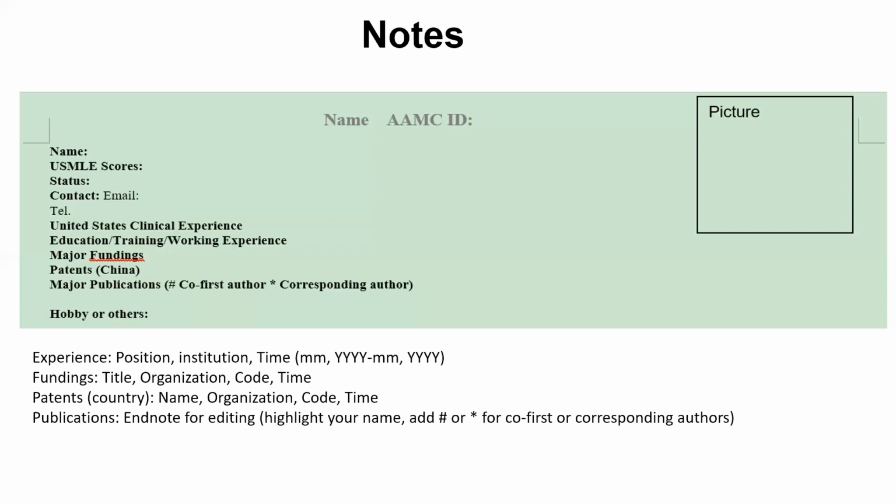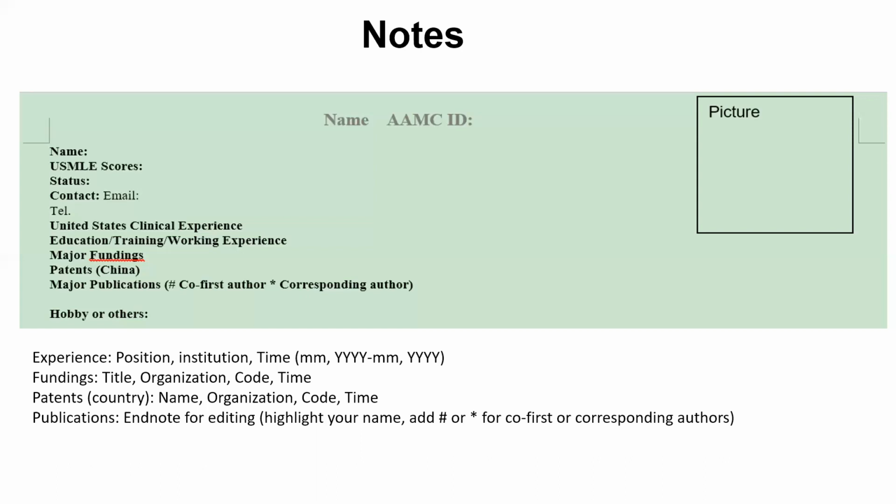The USCE is also very important, so I mention it here. For the USCE, you'd better follow the template: put your position first, followed by your institution and the time when you completed your CE.